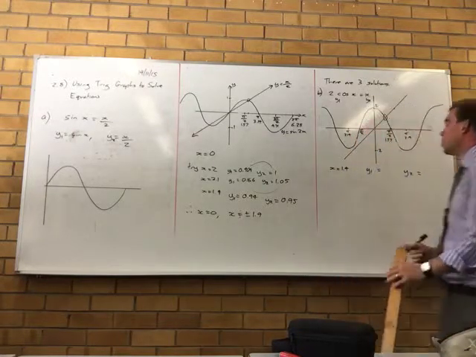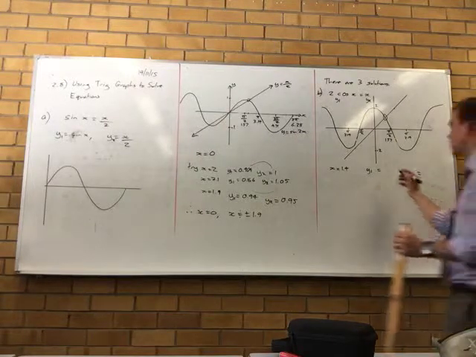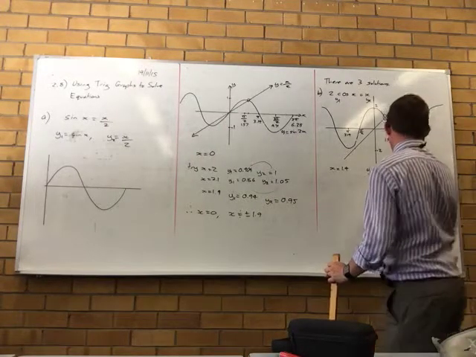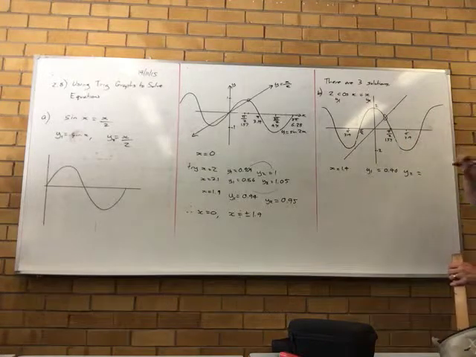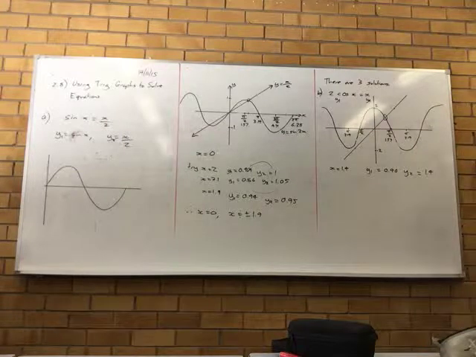Okay, so what is 2 times cos of 1.4? 2.8. Pardon? Minus cos of 1.4. 0.3399. Really? Isn't it 2 times cos of 1.4?